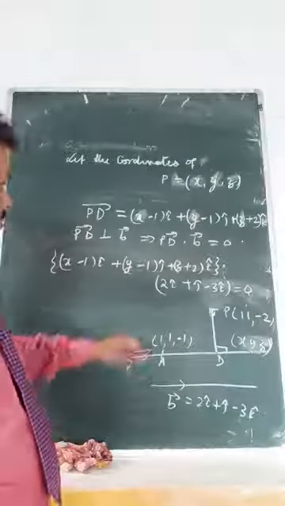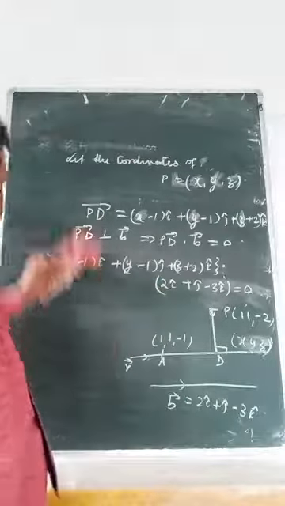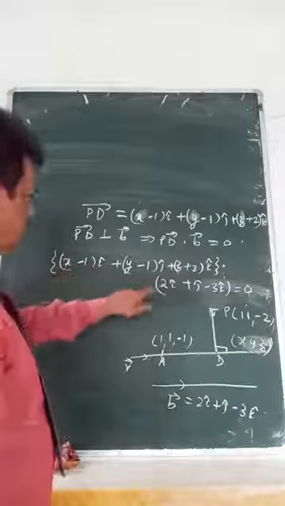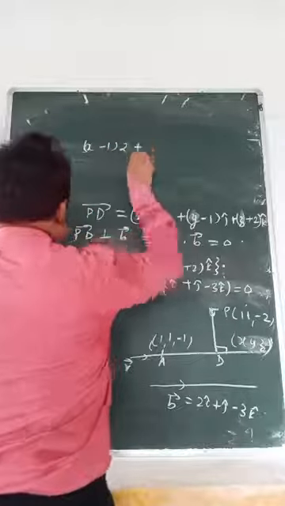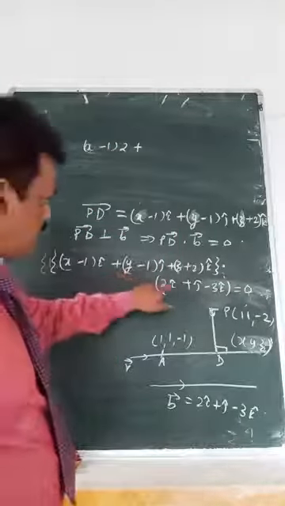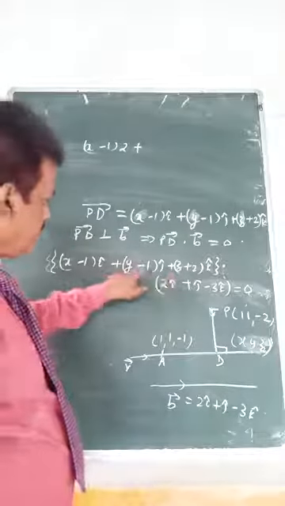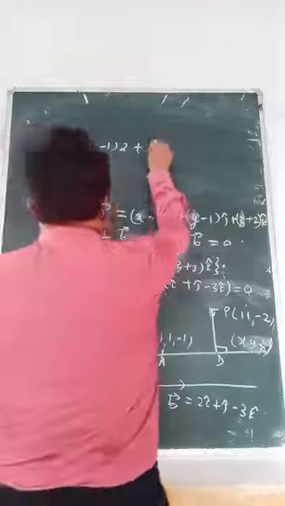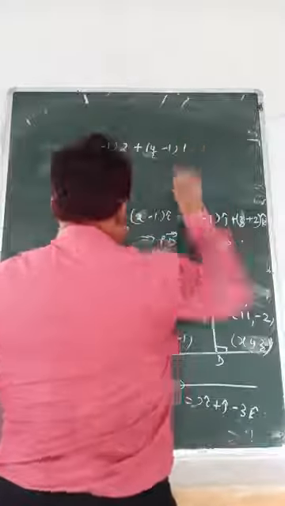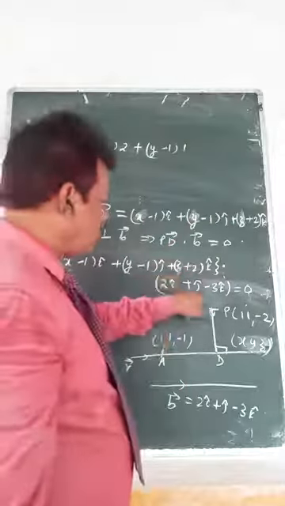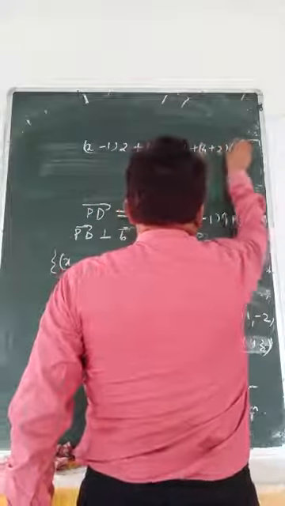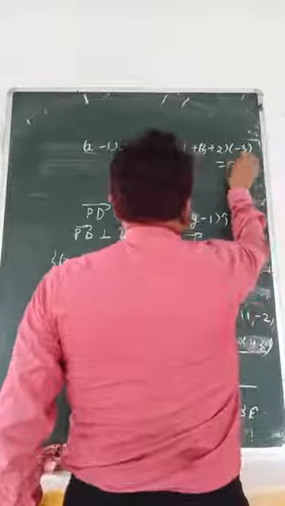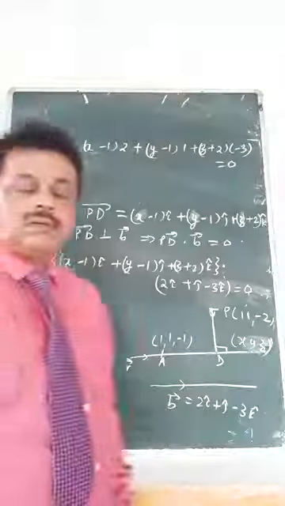Okay, so if you take a dot product, what do you get? You get (x minus 1) into 2, plus (y minus 1) into 1, plus (z plus 2) into minus 3, equals 0.